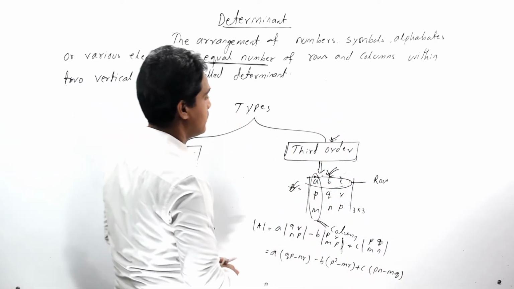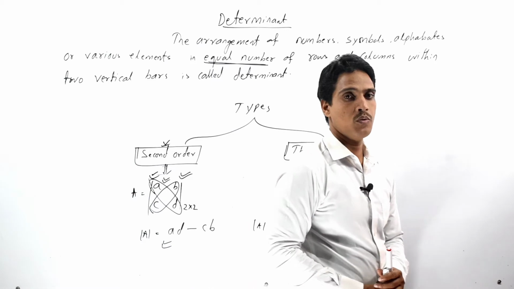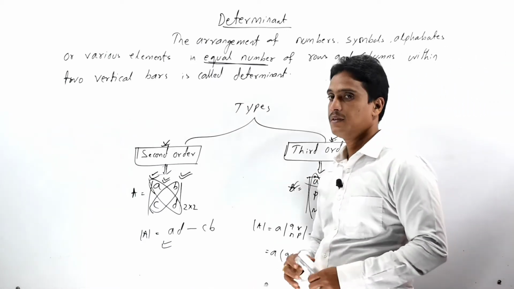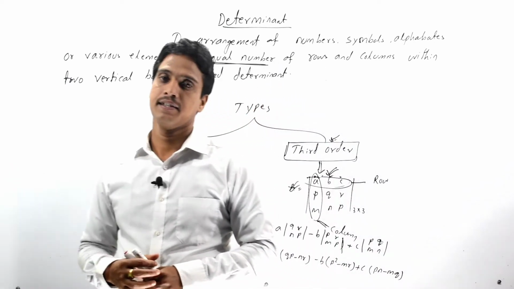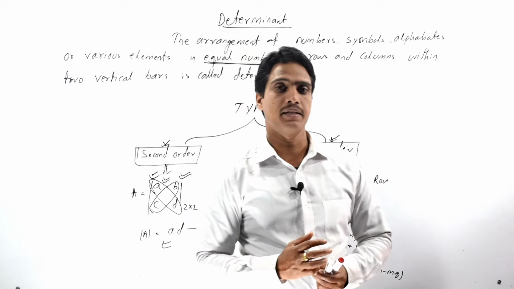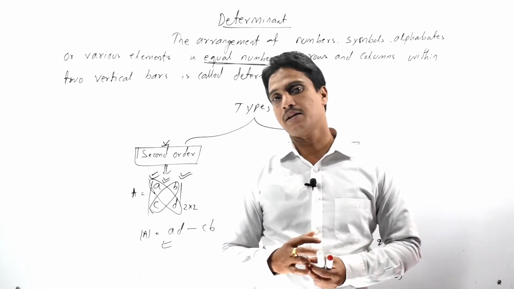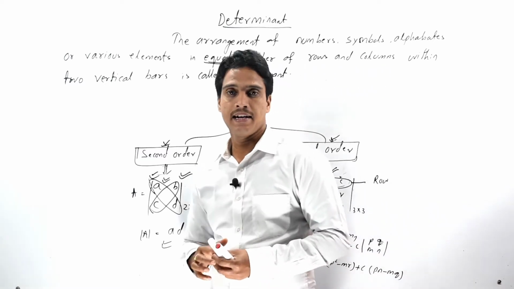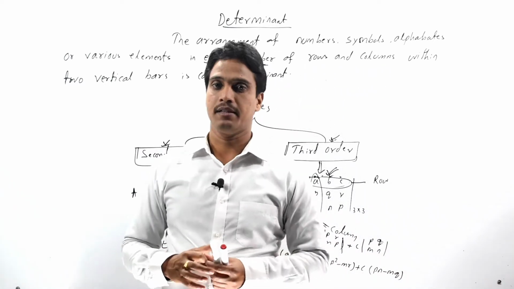Generally, we use 4 methods for finding the value of the determinant, that is the minor method, expansion method, cofactor method, and Sarrus diagram method.